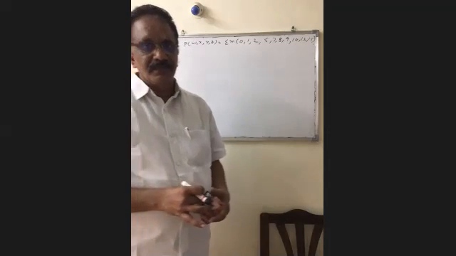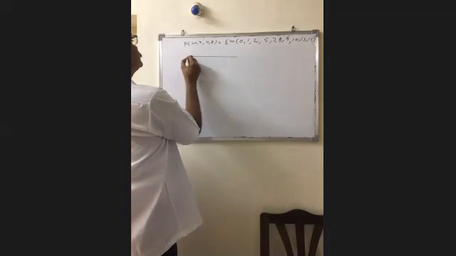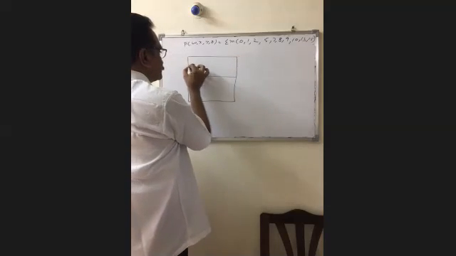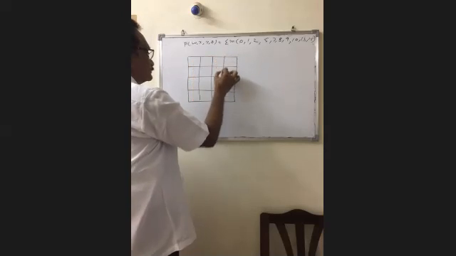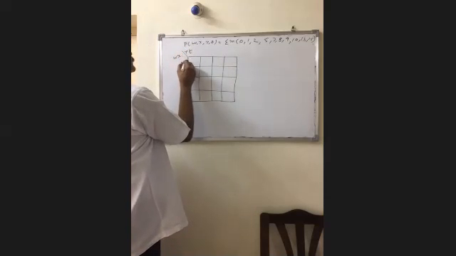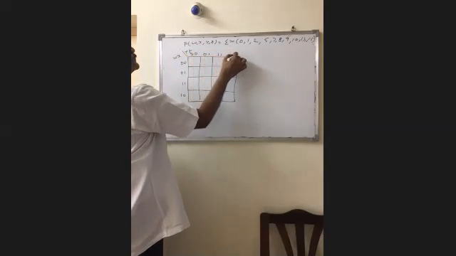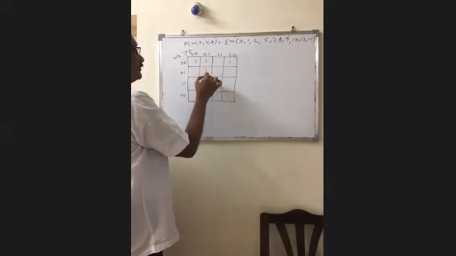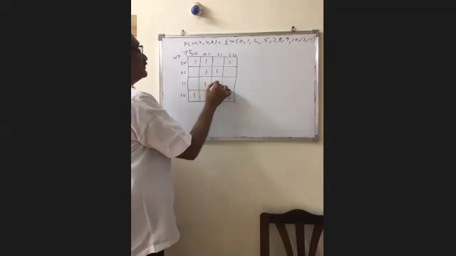Do it. Minterms are 0, 1, 2, 5, 7, 8, 9, 10, 13, 15.